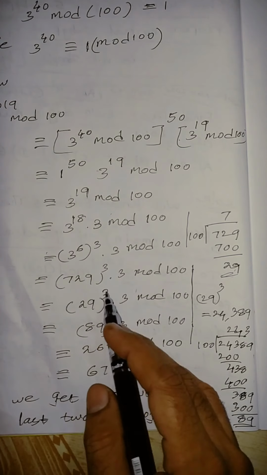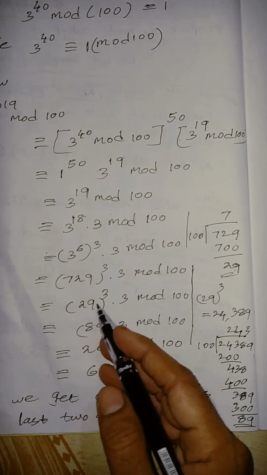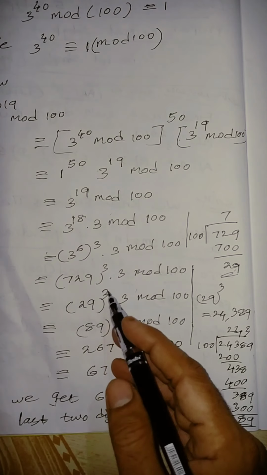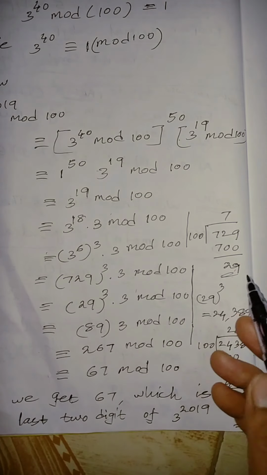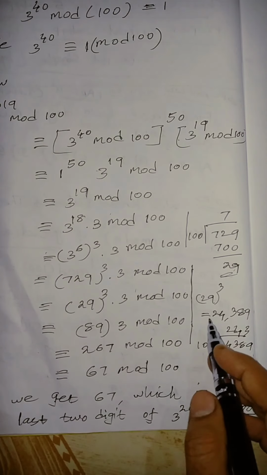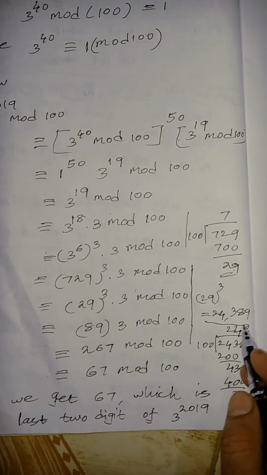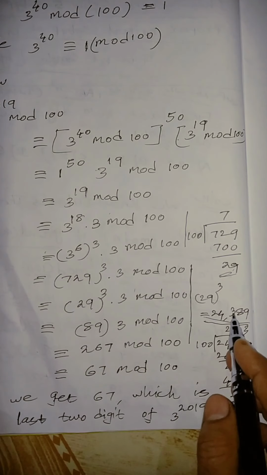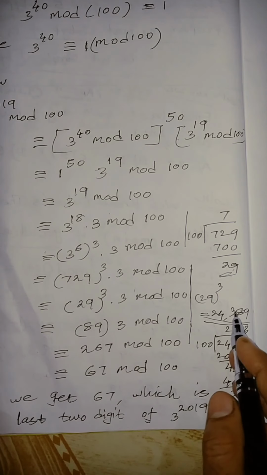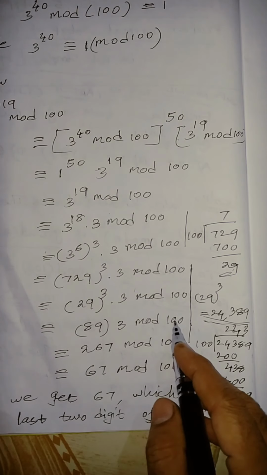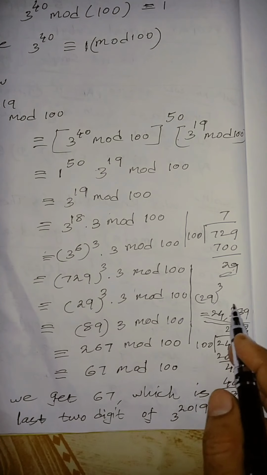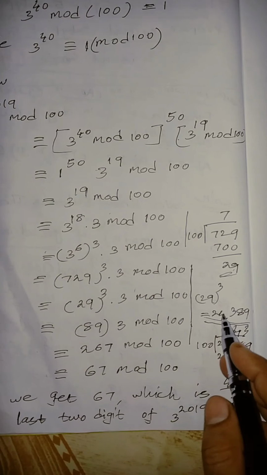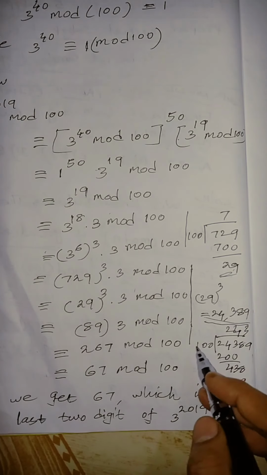Then immediately, a very easy step actually, 29 power 3 is 29 into 29 into 29. What value are we getting? 24,389. This value also, when compared to 100, is big, so we have to divide it by 100.